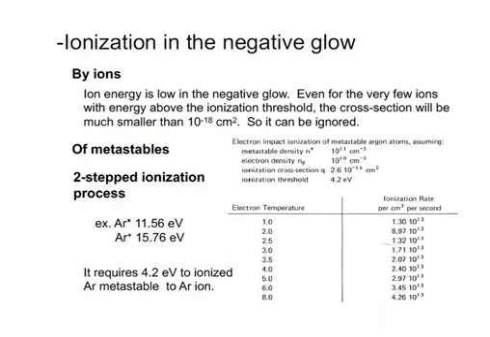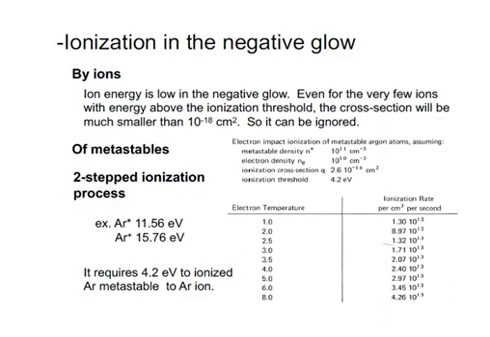Okay, and then one can ionize the metastable. If you increase the energy of the species from 11.56 electron volt to 15.76 electron volt, one can ionize metastable species with only about 4.2 electron volt.